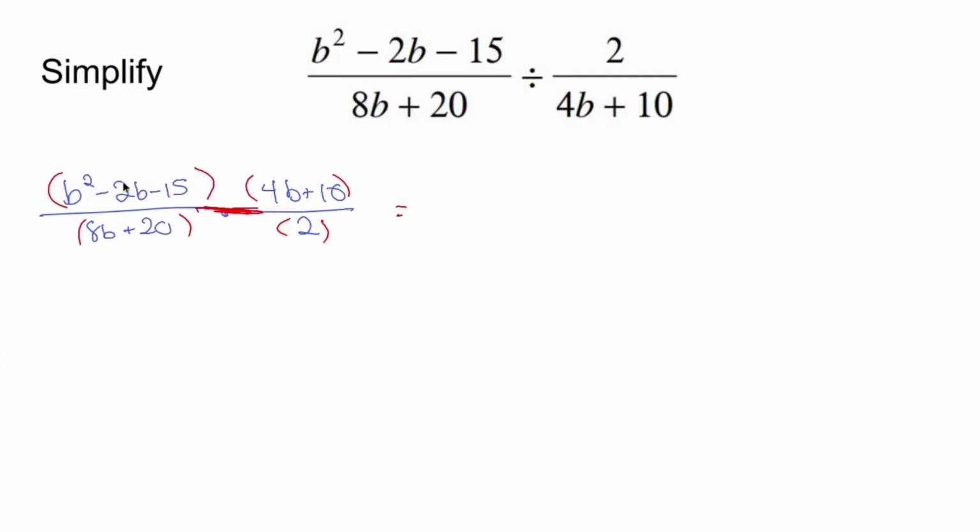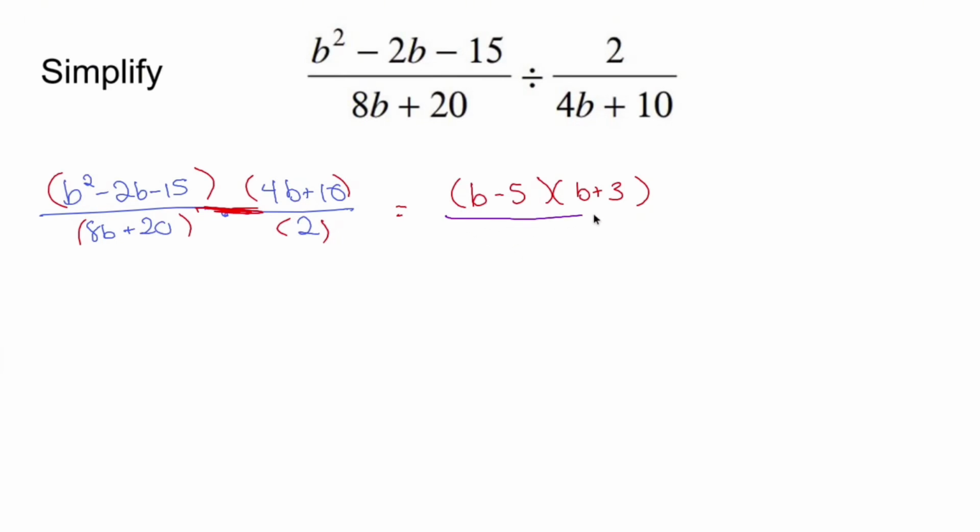So if I look at b squared minus 2b minus 15, that's a quadratic, and two numbers that add up to negative 2 and multiply out to negative 15 are going to be 5 and 3. So if I make it b minus 5 and b plus 3, the top left factors out to that. The bottom left, I have an 8b and a 20, which means I have a 4 in common in both.